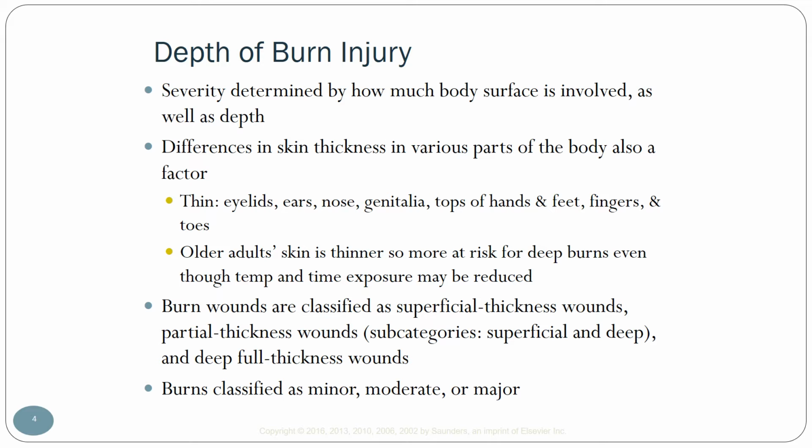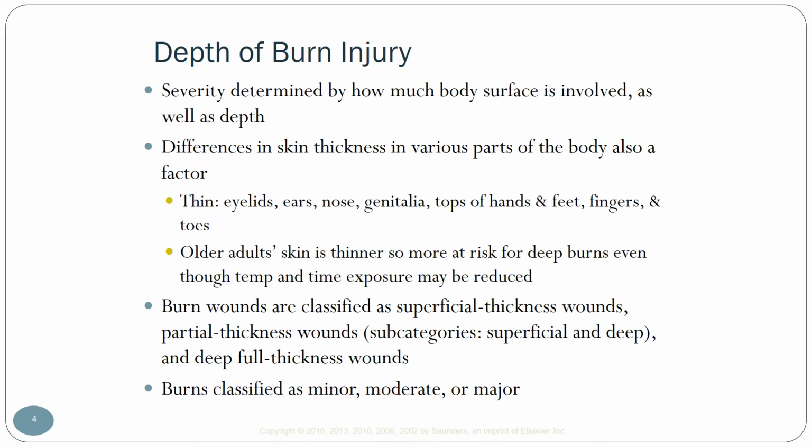Automatically, a burn in one of those thinner areas is going to have a greater severity simply because it becomes a full thickness burn much more easily. Those thin areas to keep in mind as being more severe if they're burned are the eyelids, ears, nose, the genitalia, tops of hands and feet, fingers and toes, which are common burn sites.